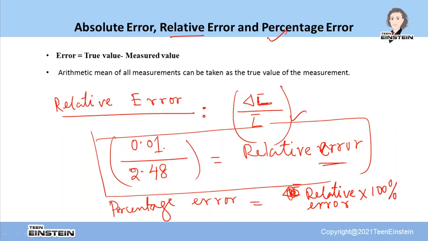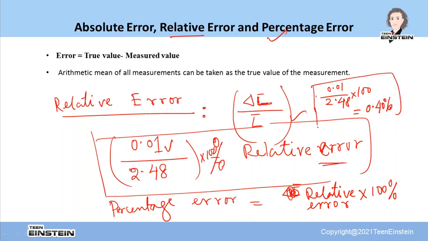So what is the relative error we have got here? This one. If you multiply 100 with this, it will give you percentage error. In this particular measurement it will be 0.01 by 2.48 into 100, which gives around 0.04 percent. This is called percentage error.